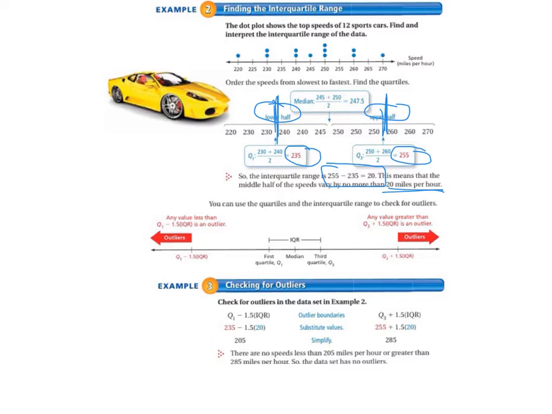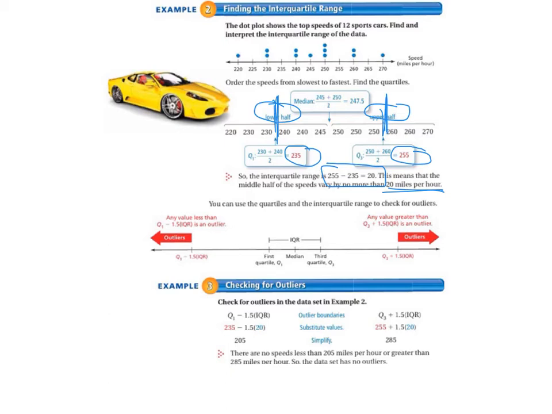You can use the quartiles and the interquartile range to check for outliers. So any value less than quartile 1 minus 1.5 times the IQR, so we'll talk about that, is an outlier.